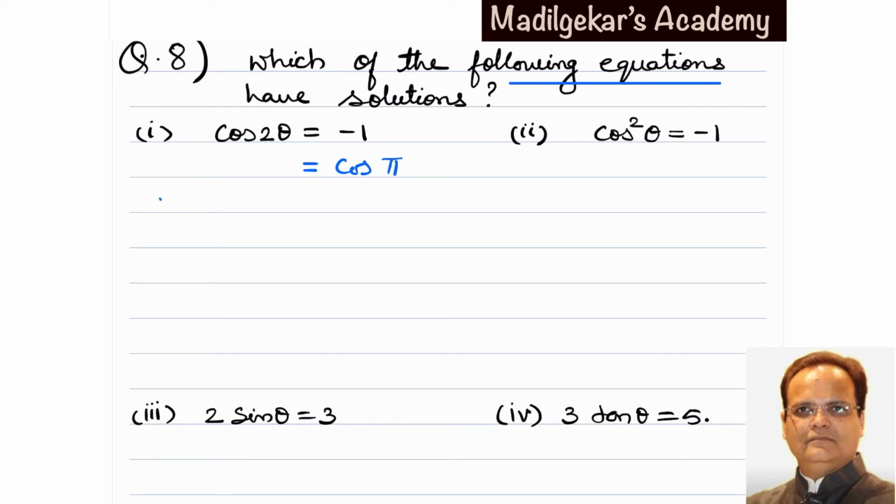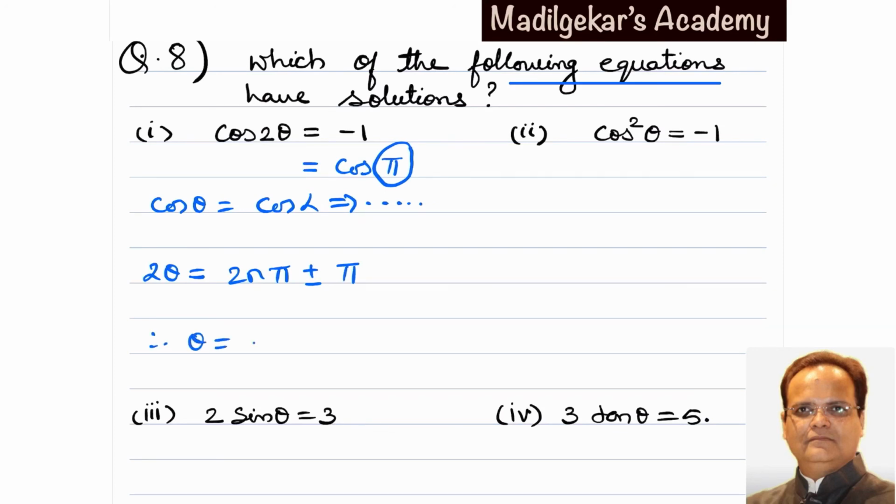By using the formula cos theta equals cos alpha, we can write 2 theta equals 2n pi plus or minus, here alpha is supposed to be pi. So theta is n pi plus or minus pi by 2. So in the first example, the given equation has solution.